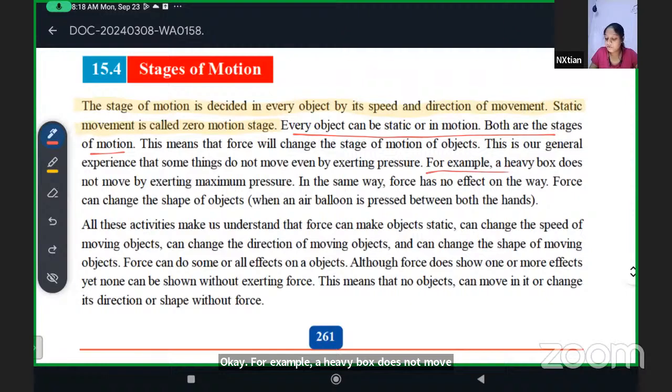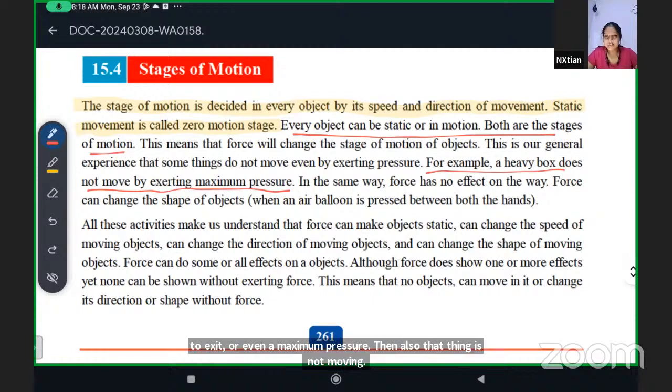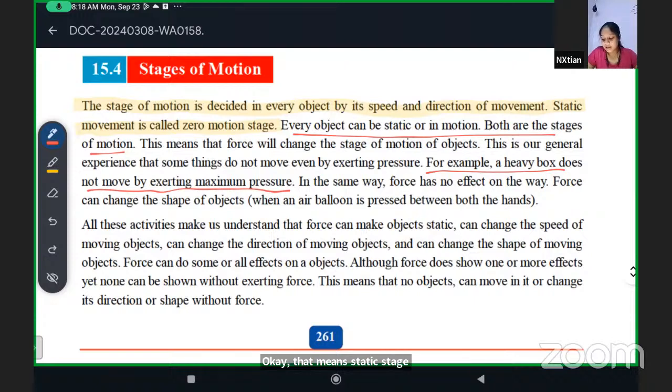So it is in its static stage. In the same way, force has no effect on the weight. Force can also change the shape of objects sometimes.